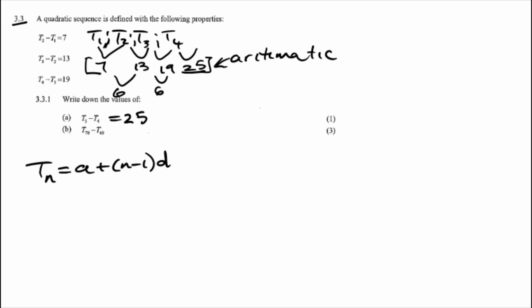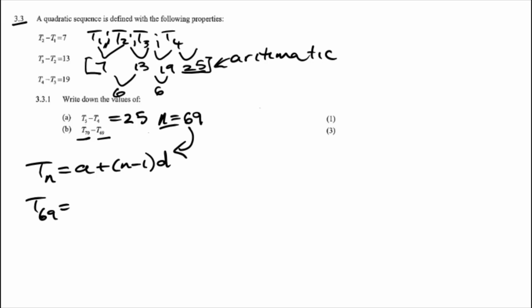So over here, if we have t70 minus t69, it will give you t69 on this sequence here. So what we can do is find t69.